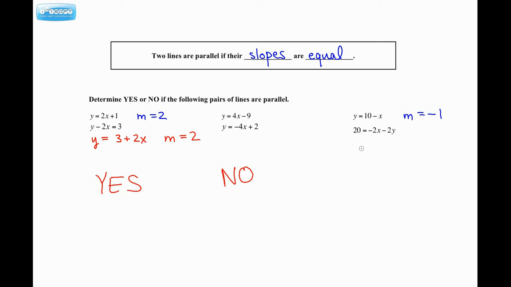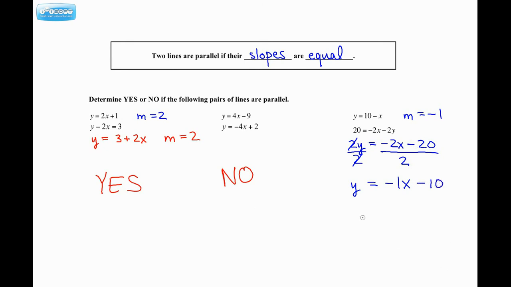So this becomes 2y equals -2x minus 20. So now to solve for y, I need to divide everything by 2. These cancel. So this gives me y equals, now -2 over 2, that's just -1. So -1x. And -20 over 2 is -10.